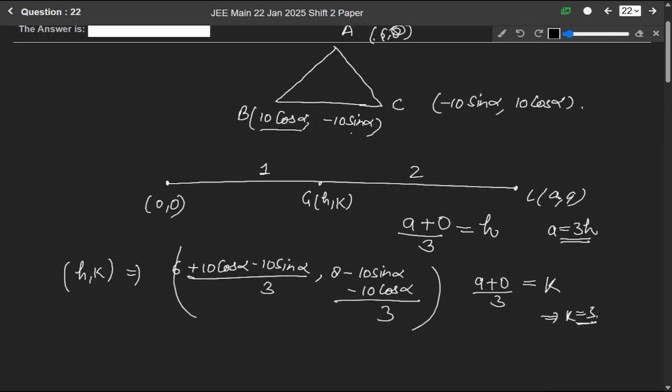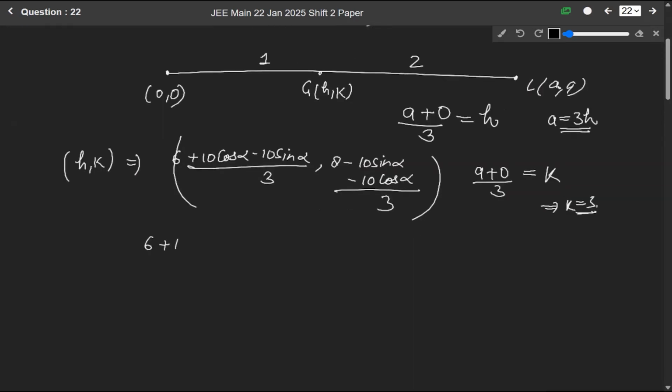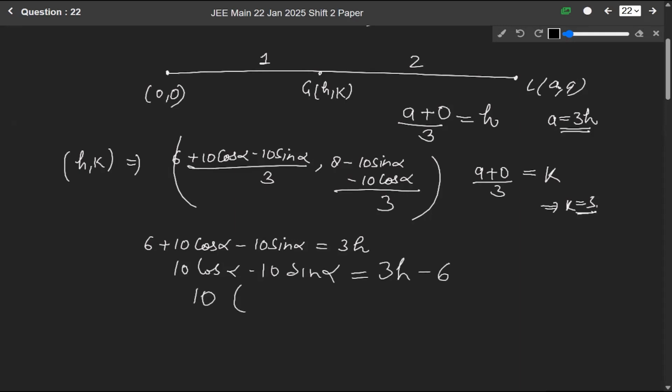So 6 + 10 cos alpha - 10 sin alpha equals 3h, and so 10 cos alpha - 10 sin alpha equals 3h - 6. Taking 10 common, cos alpha minus sin alpha will be equal to 1 here.